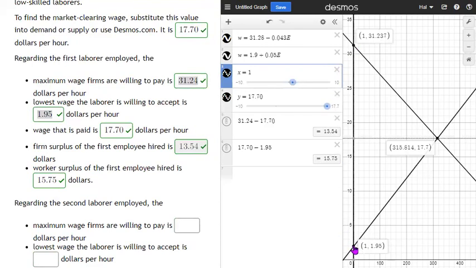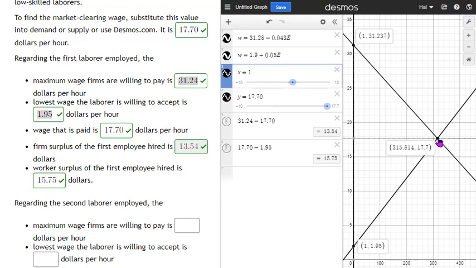The first laborer hired is going to have a reservation of 1.95, but the firm's only going to value that first worker at 17.70, right? So it kind of inverts this a little bit. So it looks like the supply and demand for products, but it's different because humans are not boxes. Humans are not cups. Humans are not calculators, right?